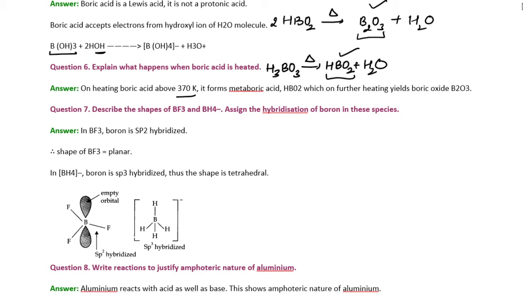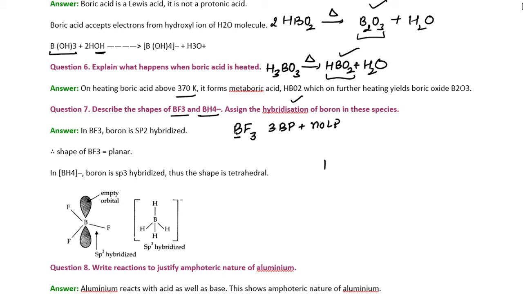Next, question number 7. Describe the shapes of BF3 and BH4 negative. Assign the hybridization of boron in these species. So in BF3, it has 3 bond pairs, and boron has 3 valence electrons. See, as 3 fluorine are attached to boron, it has 3 bond pairs. All 3 electrons of boron are involved in bonding, so no lone pair.